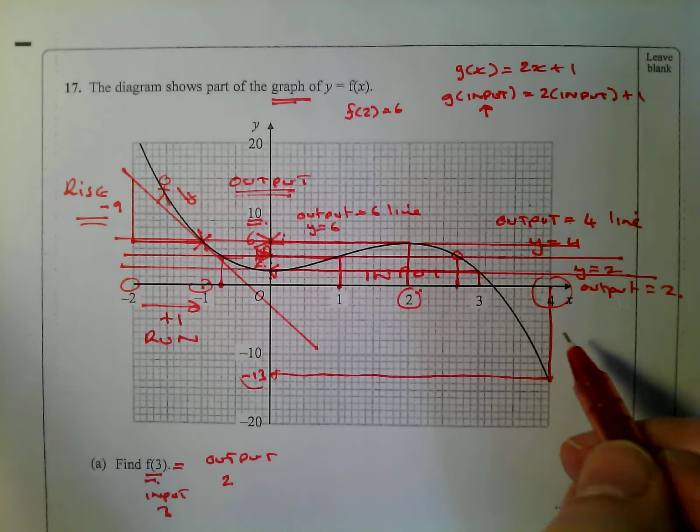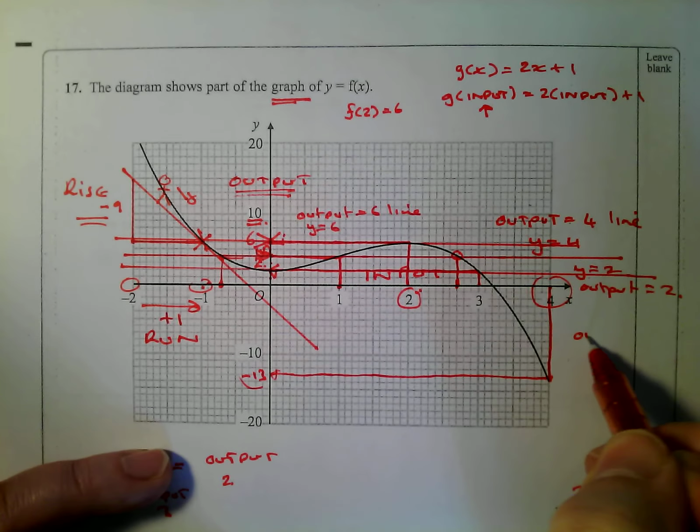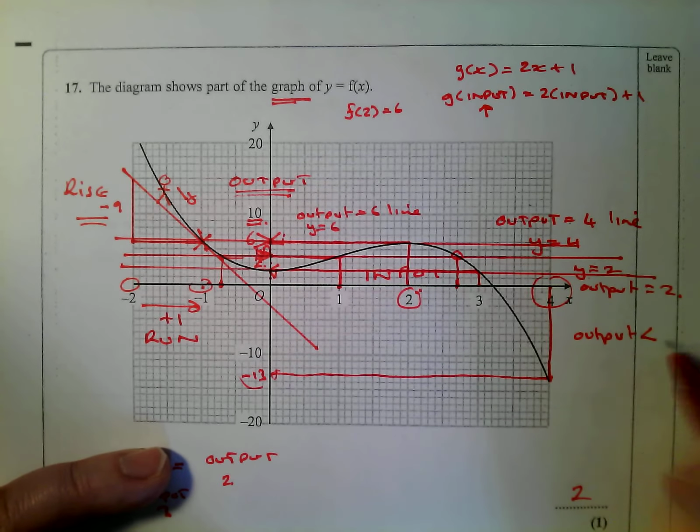The drawing is a bit tricky, but hopefully you can make out what I'm saying. So x equals -1 gives you an output of 6, and there I only get 2 solutions.